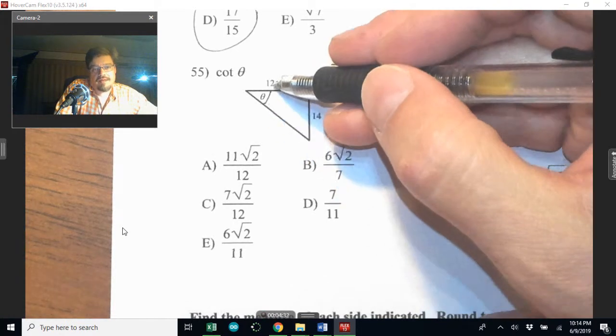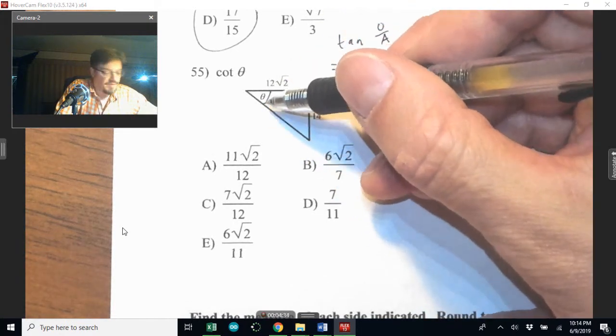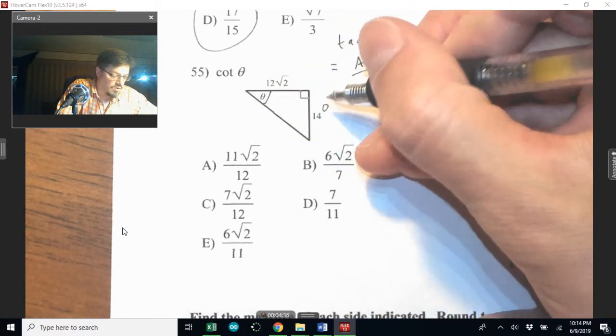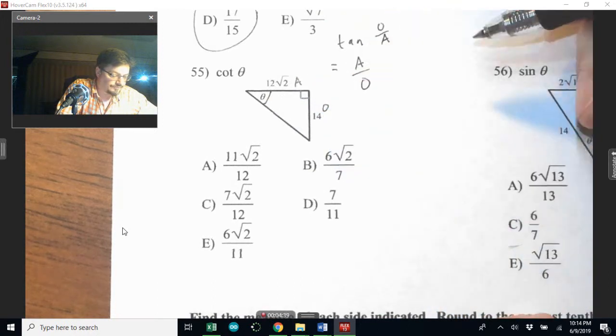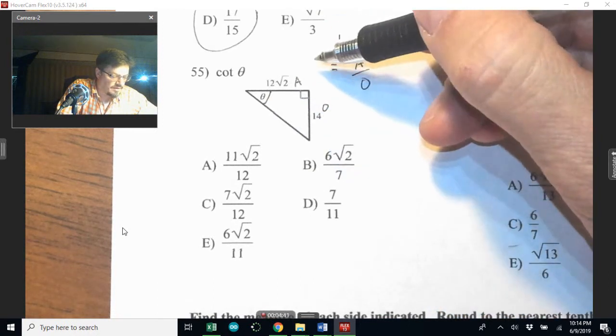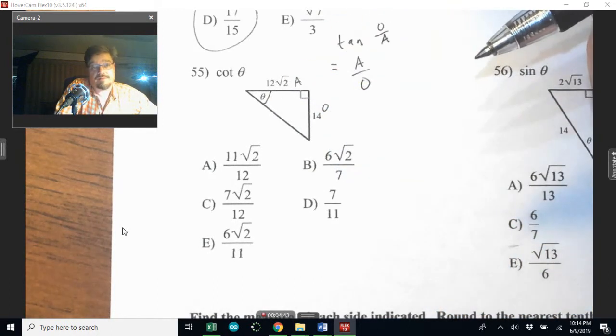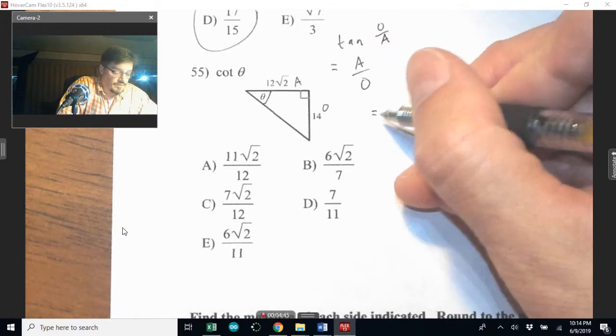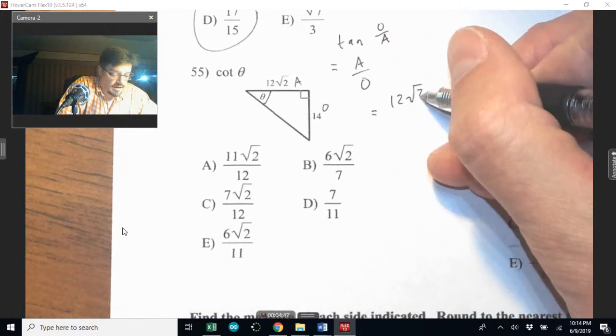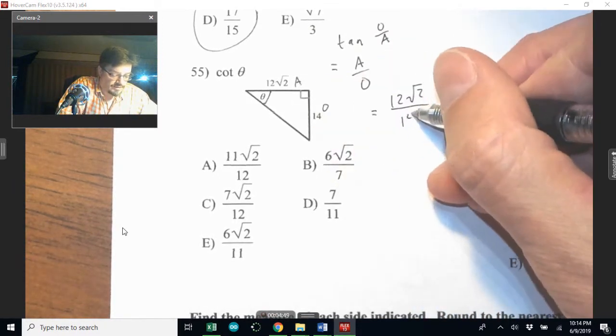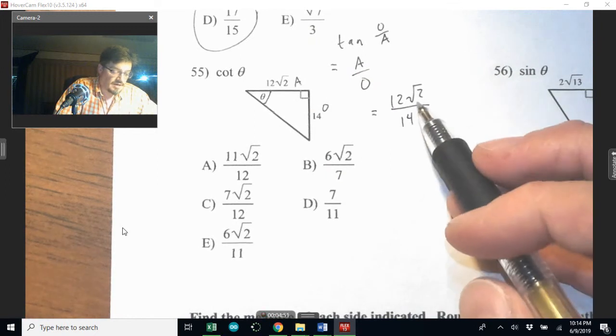So let's look from theta. That's the O, and this is the A. So it looks like we have both of them. We don't have to use the Pythagorean theorem to figure that out. So we have the A over the O, which is 14, and then we just simplify this fraction.